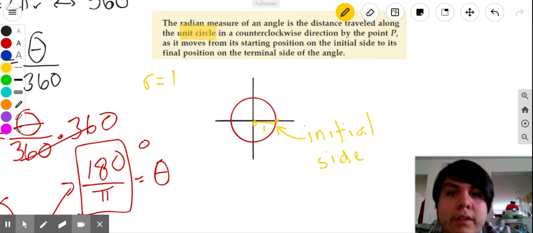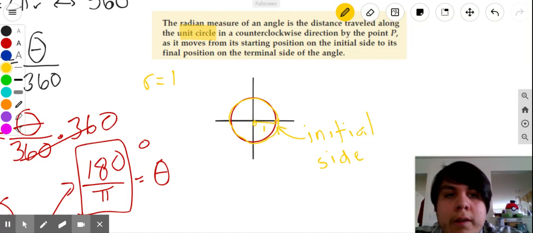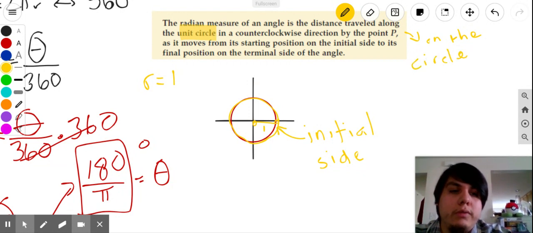The radian measure of an angle is the distance traveled along the unit circle. So when they talk about the units, they're actually talking about traveling along the circle. The point P is a point on the unit circle, so it's on the circle whose radius equals 1.